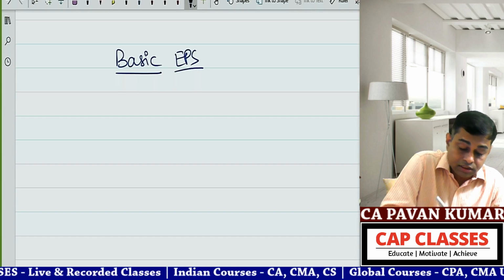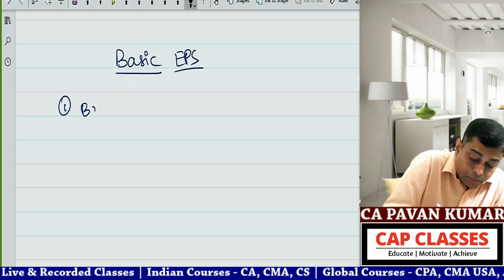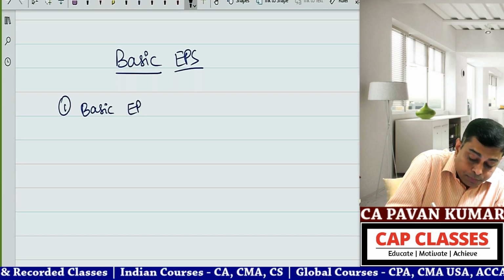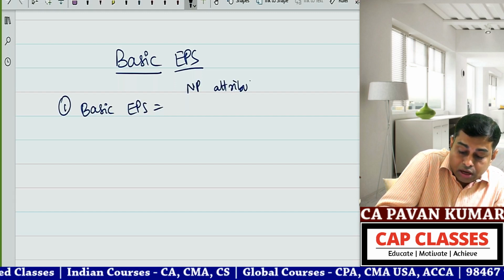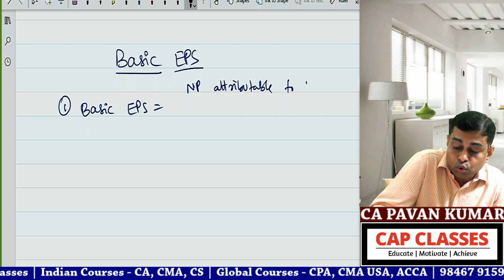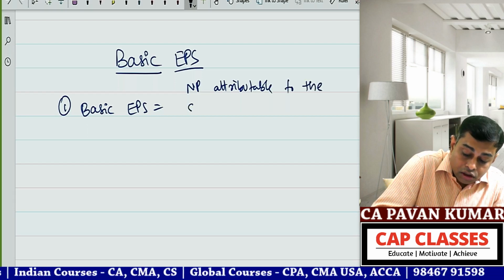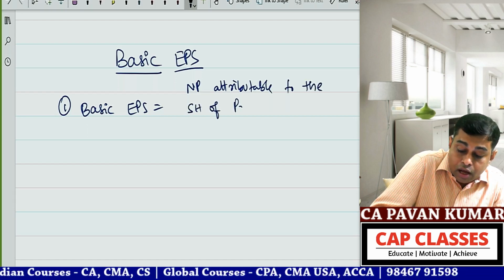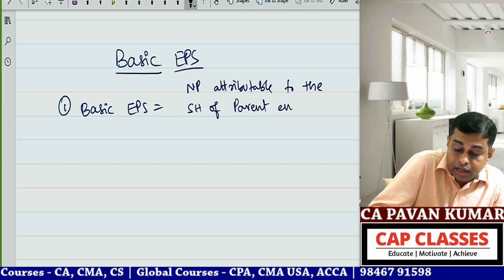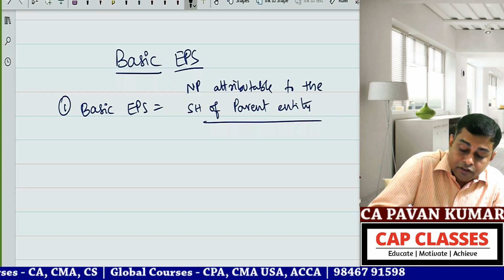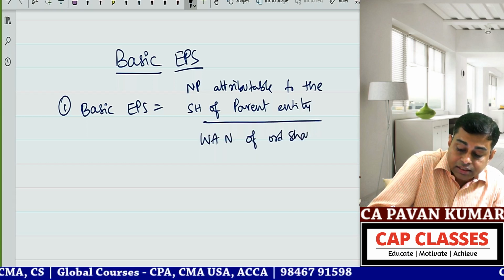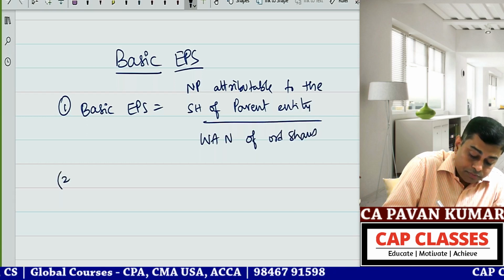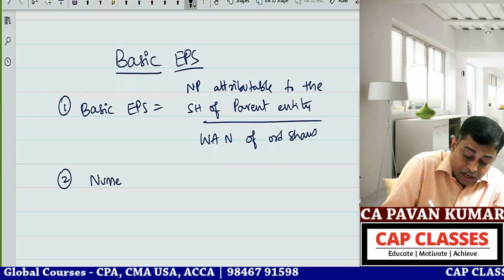Basic EPS. Under that first point, basic EPS is equal to net profit attributable to the shareholders of parent entity divided by weighted average number of ordinary shares. 2. Numerator.